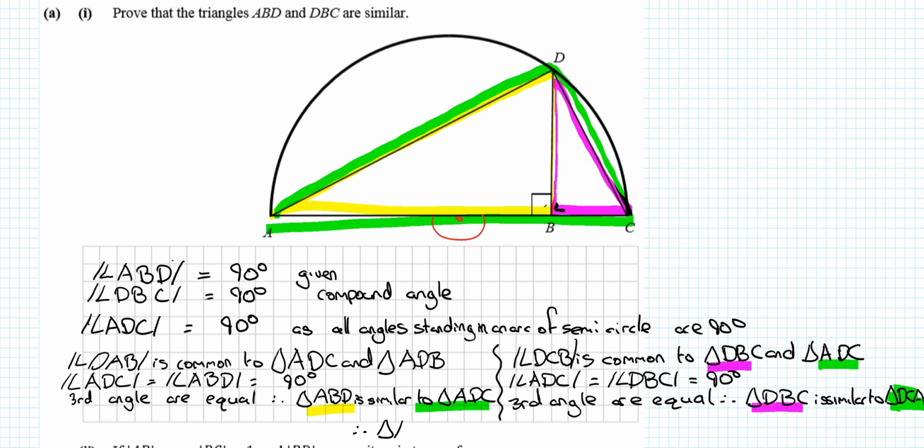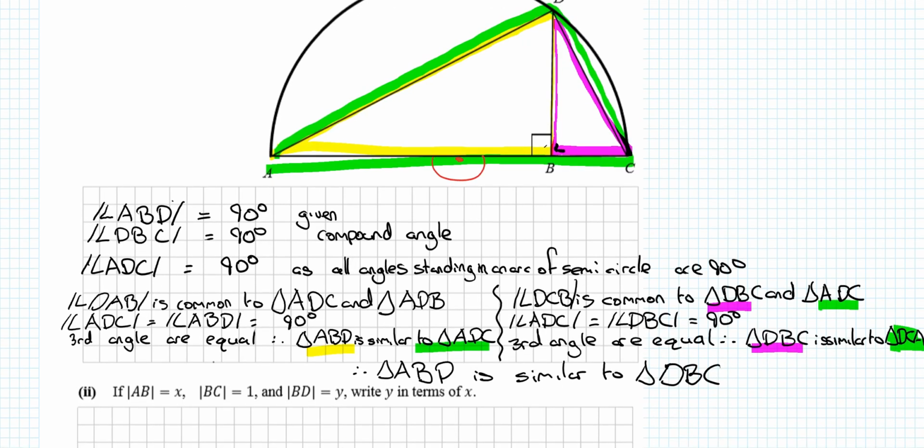Therefore, the triangle ABD is similar to triangle DBC. Next question.